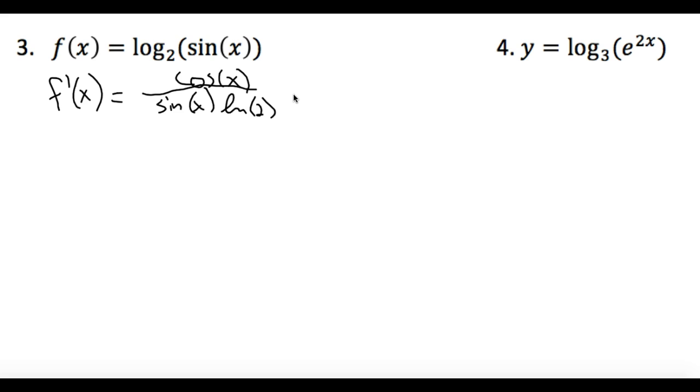Right, now, we could simplify this a little bit. Cosine over sine is actually just cotangent. So I could make this cotangent of x over natural log of 2. Okay, so again, on a free response question where you're just writing it out, it's fine to stop here, but a multiple choice answer could look like this.